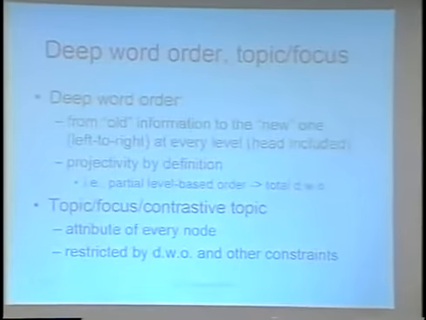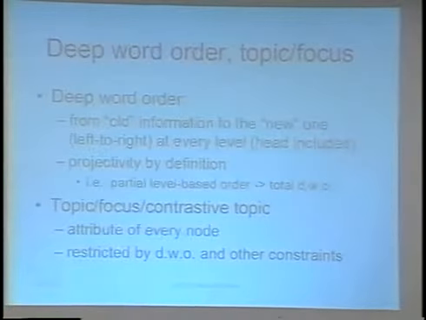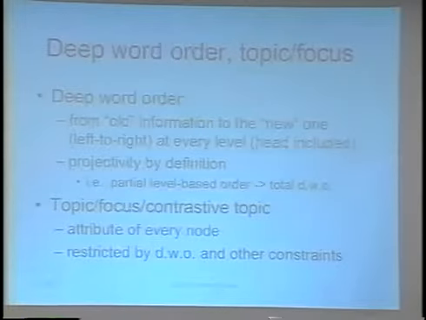Okay, so that was the first level. So we have a deep dependency tree, and we have these detailed function labels. The second sublayer deals with what we call the topic and focus, or deep word order. Now, what do we mean by deep word order?